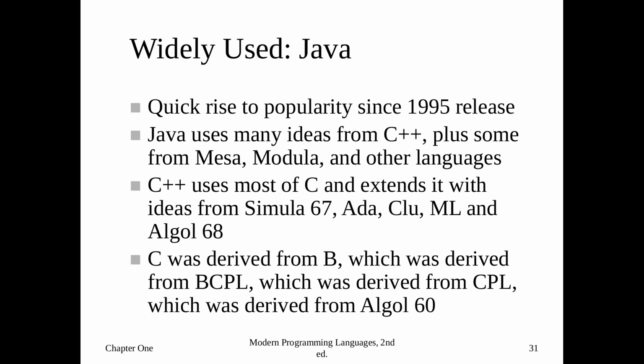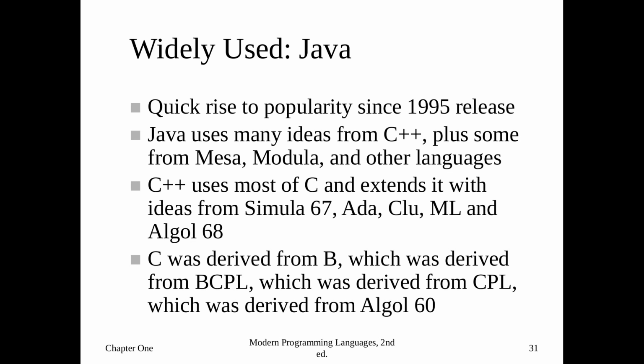Widely used, Java, right? It's been around since 1995, so it's 22 years old. Like I said, it stole from C++, Mesa for concurrency, Modula for packages, and a bunch of other languages and concepts. But it's extending all these languages, right?